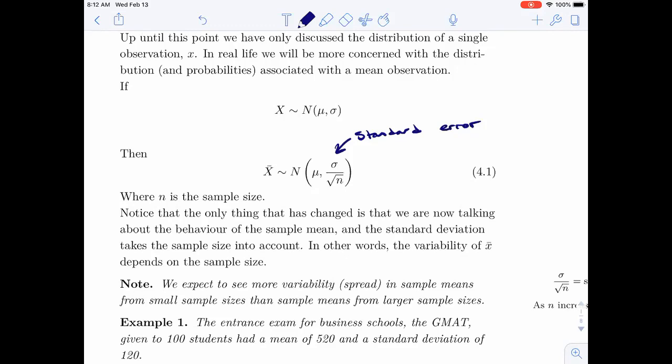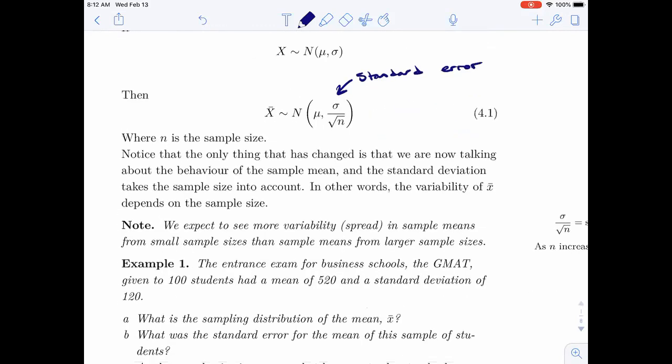And so here, my little note, we expect to see more variability, more fluctuation from sample to sample to sample, in sample means from small sample sizes than in sample means from larger sample sizes. Okay? So as you increase your sample size, that sigma over root n, the standard error, is going to get smaller and smaller, meaning you've got a more stable kind of variation for your sample.